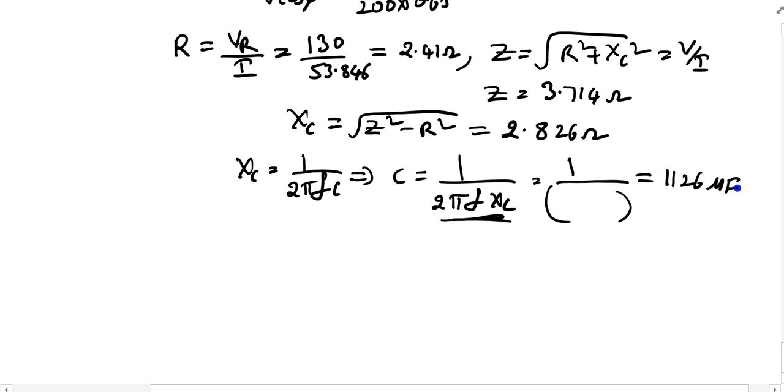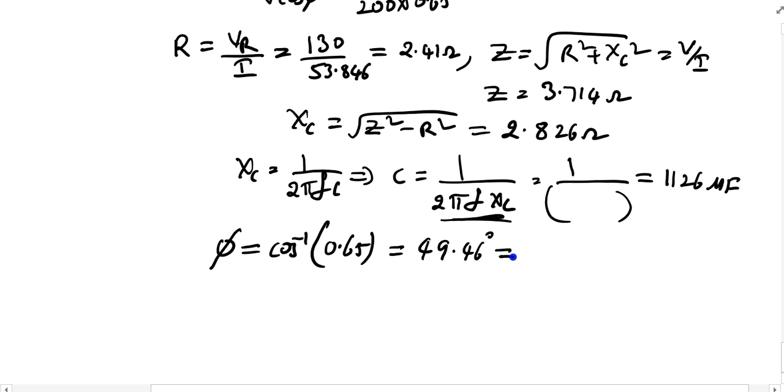If you want to calculate phi, then this is cos inverse of 0.65. So you are going to get 49.46 degrees. If you want to convert into radians, multiply by pi by 180. This is nothing but 0.275 pi in radians.